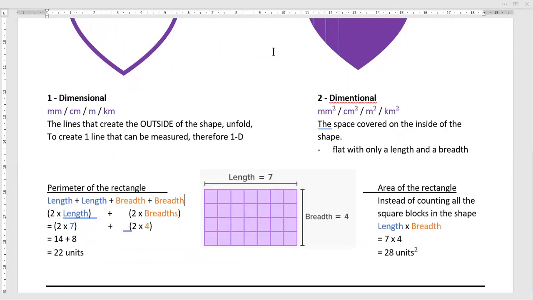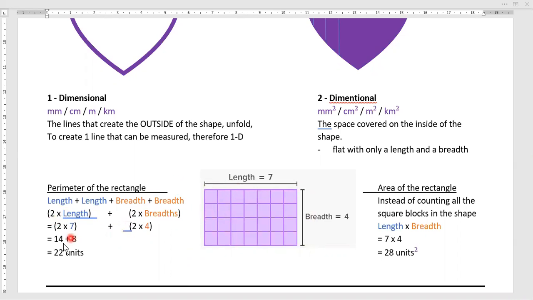But instead of doing that, we can actually just say that we want to take the length multiplied by 2 because we've got 2 lengths. We've got one over here and we've got one at the bottom. The same with the breadth, we've got one over there and then we've got one over there. So what we're going to do is multiply that by 2. So we've got 7 times 2 is 14 and 2 times 4 is 8.